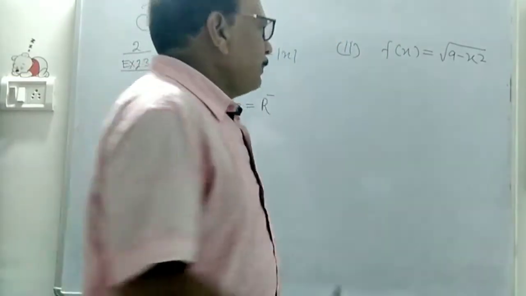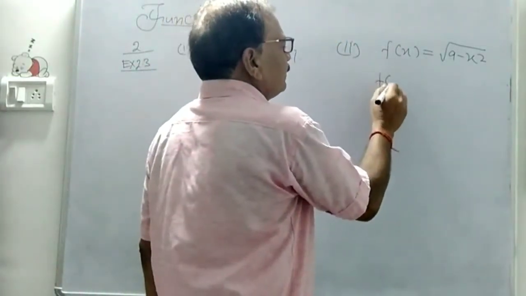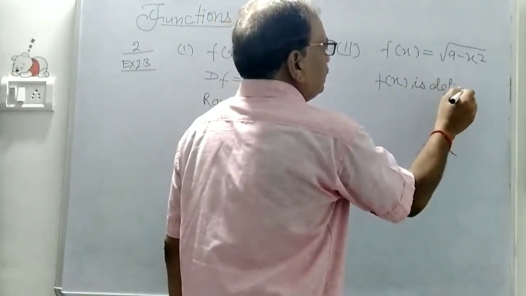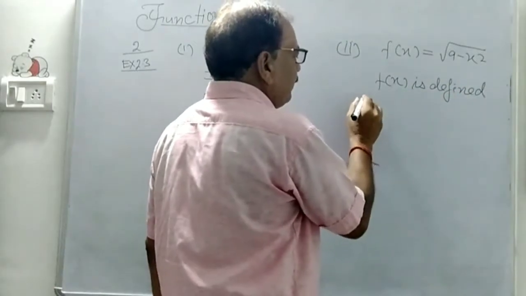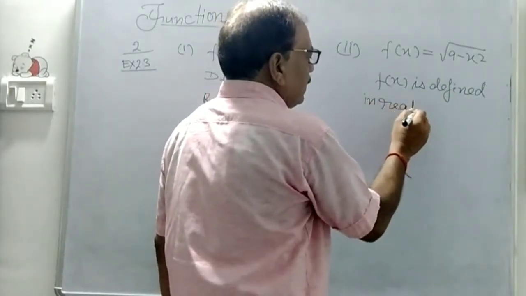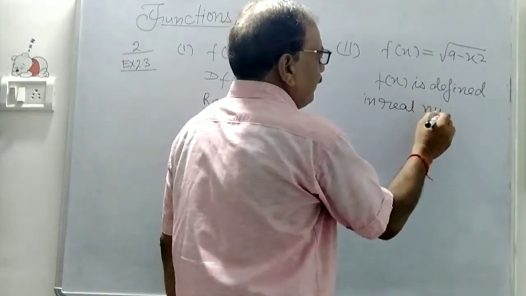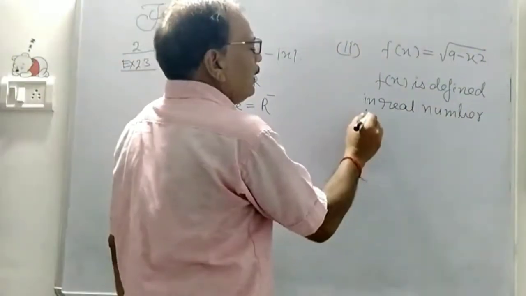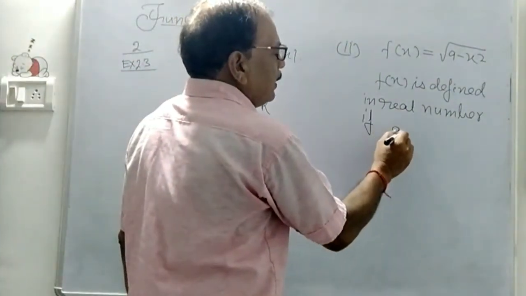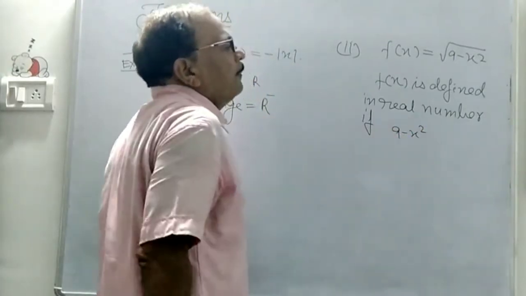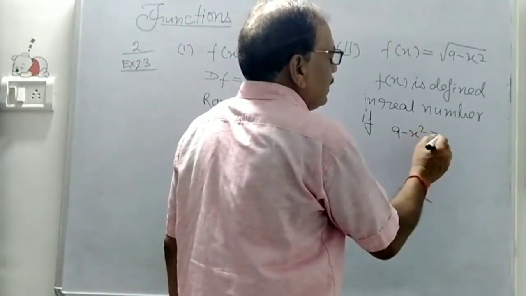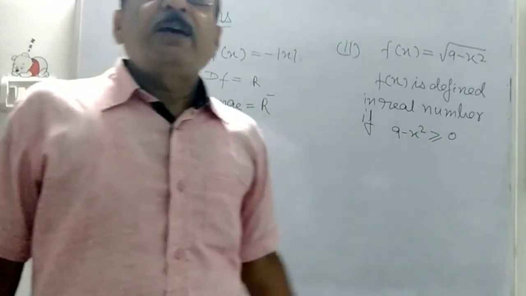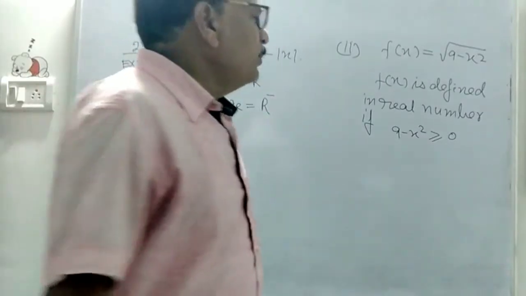Now this function f(x) is defined in real numbers if 9 minus x square is greater than or equal to 0.